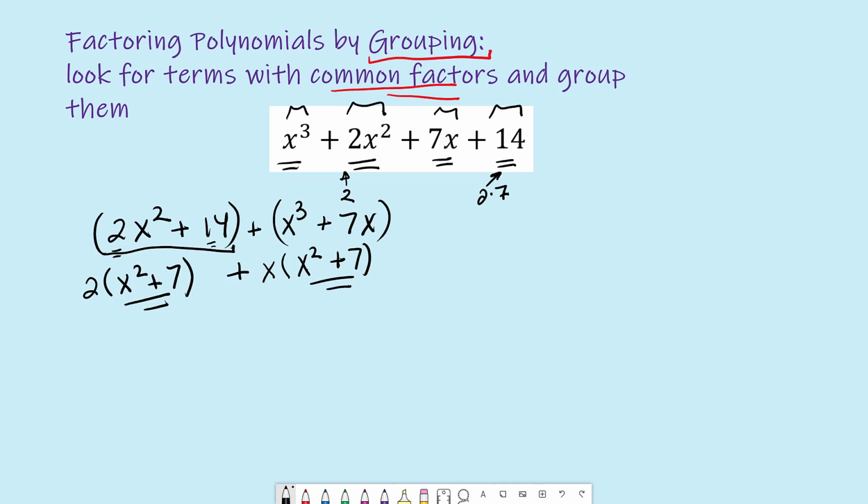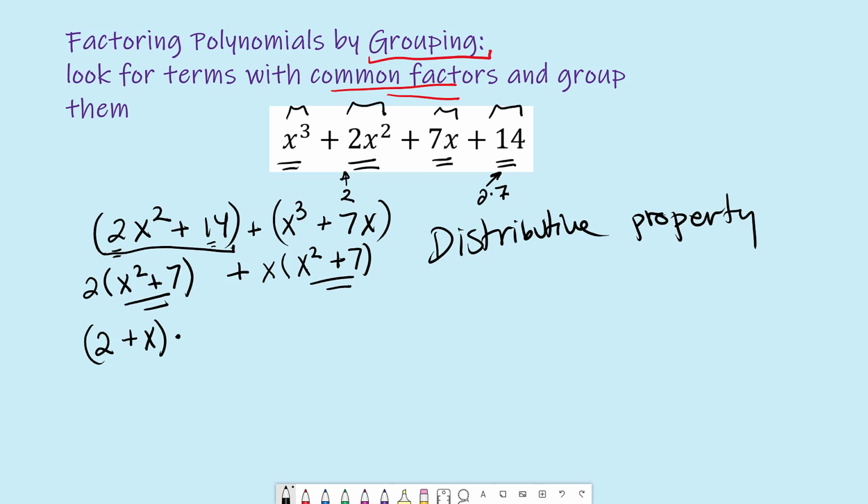What can we do with that? Again, we use the distributive property, which is so important here. And we say, let's group 2 and x. We can write this as 2 plus x. Let's put a parentheses, times x squared plus 7. Why is this correct?